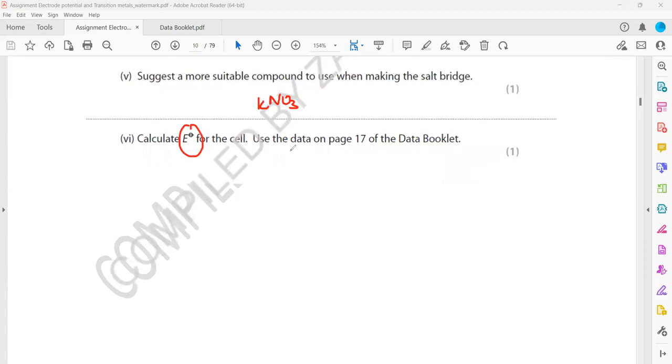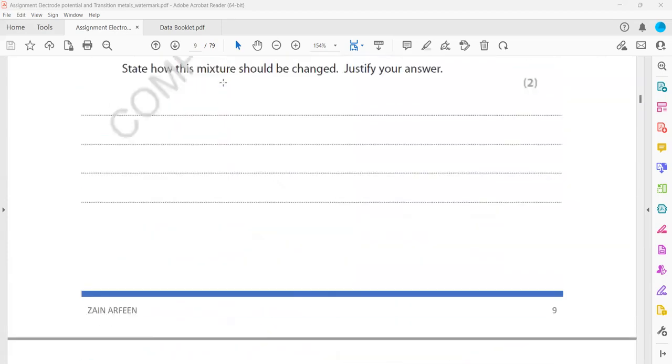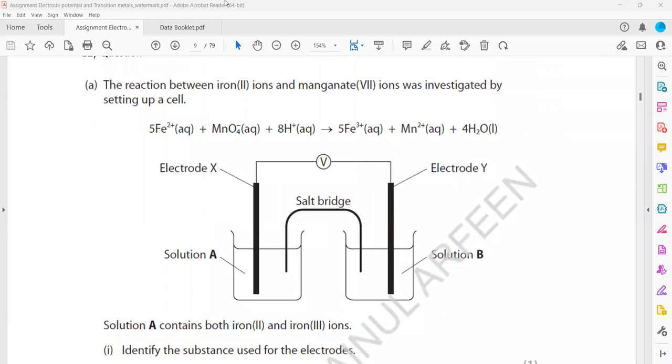For the electrode potential, we want to calculate the electrode potential of a cell and use the data on page 17 of the data booklet. And what are the reagents for us? Basically we want the electrode potential for iron 2 and iron 3, and for MnO4 and Mn 2 plus.